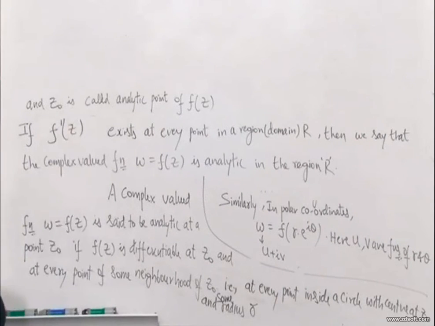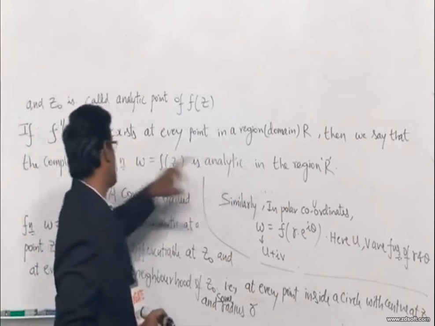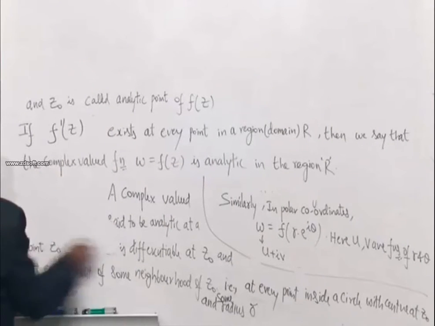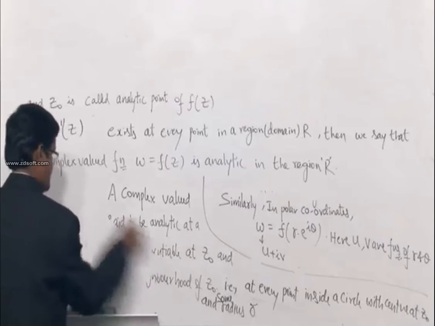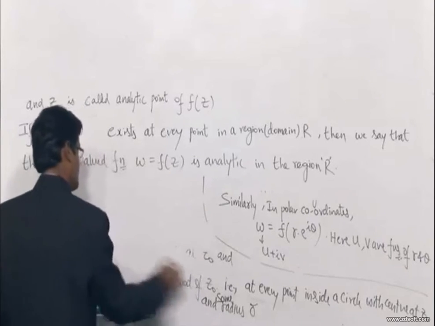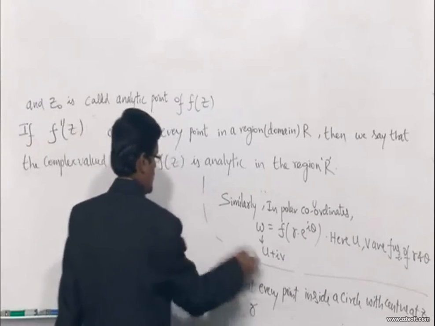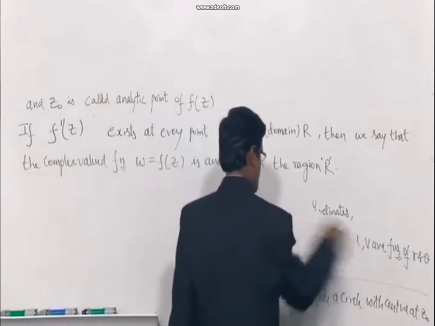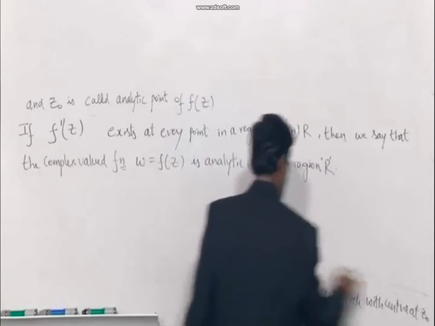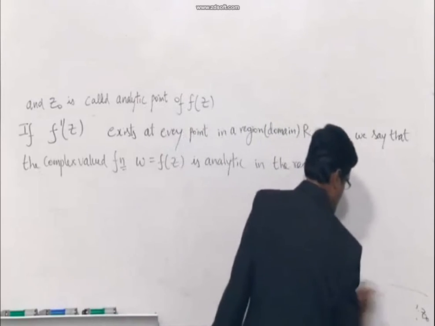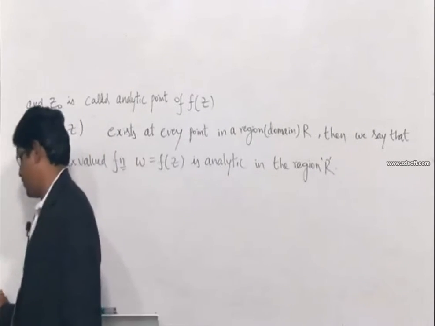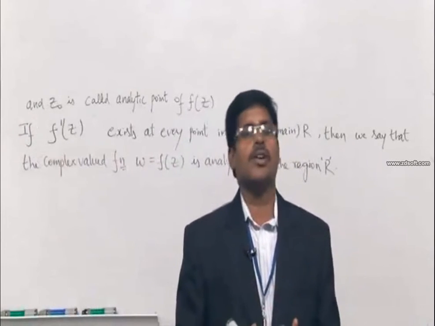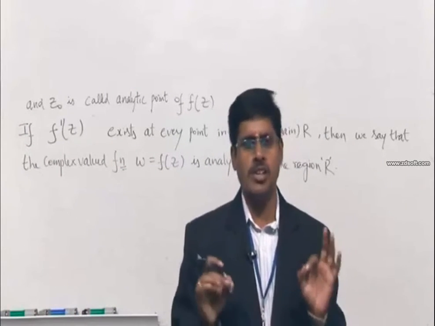If f dash z exists at every point in a region R, then we say that the complex valued function is analytic in the region R. See here, there is a small difference between analytic at a point and analytic in a region R. Analytic in a region means in a region at every point the derivative exists, f dash z exists.